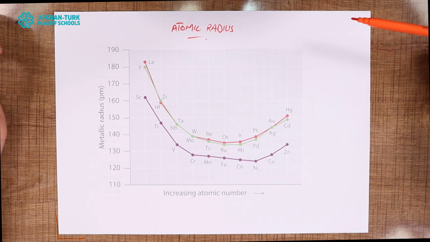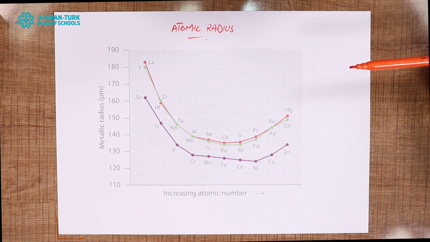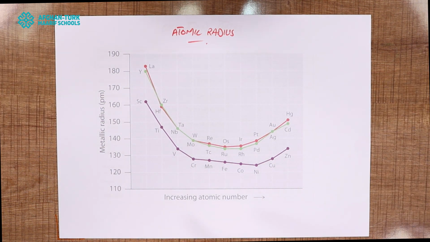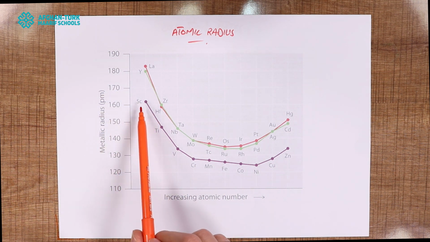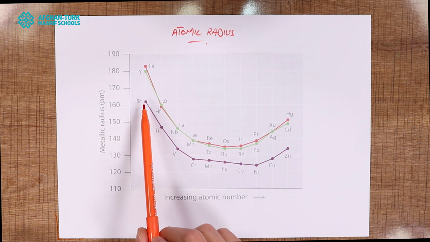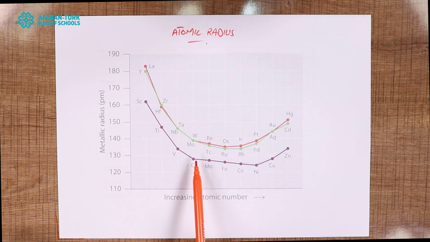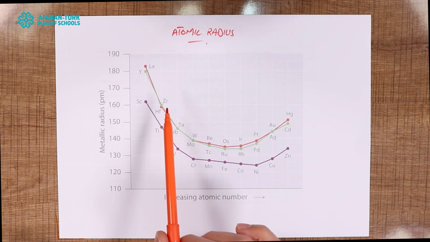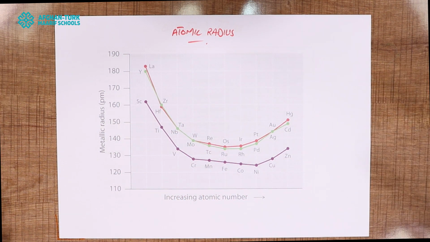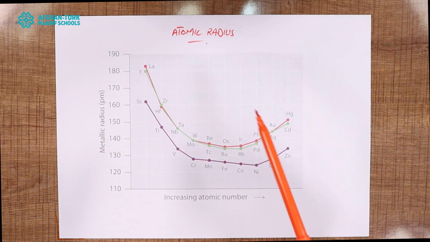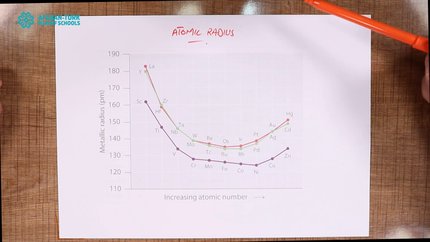What about the atomic radius of transition elements or the d block elements? You can see over here, if we talk about the fourth period, it starts from scandium to zinc. The atomic radius is decreasing until the nickel, and then it starts increasing again. The metallic radius is two times the atomic radius.